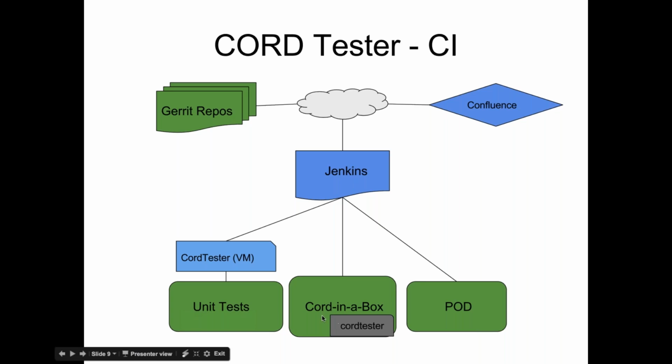After installation, we deploy code tester in the prod VM, and after the code test container is built, we launch tests on this server, on the CIAB. Yeah, thanks, Peter. Got it.